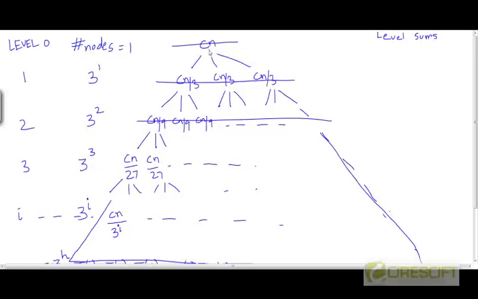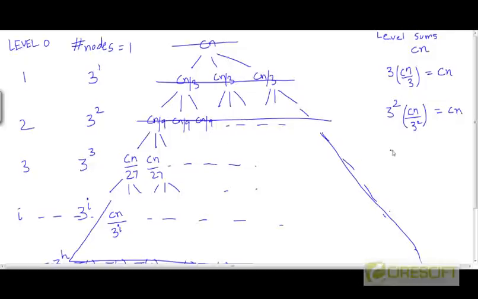at level 0 we have a single node with cost c times n. At level 1 we have 3 nodes, each of cost Cn by 3. 3 times Cn by 3. And so the sum of the costs of the nodes at level 1 is Cn. The sum of the costs of the nodes at level 2 is 3 squared times Cn by 9 or 3 squared, which is again Cn.